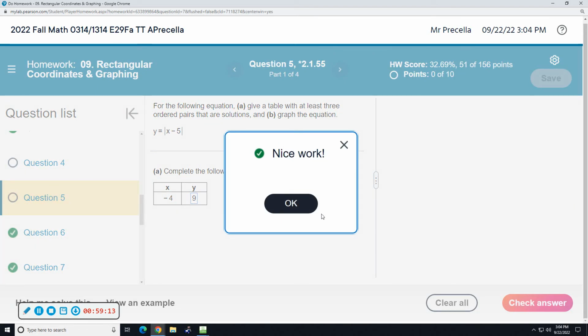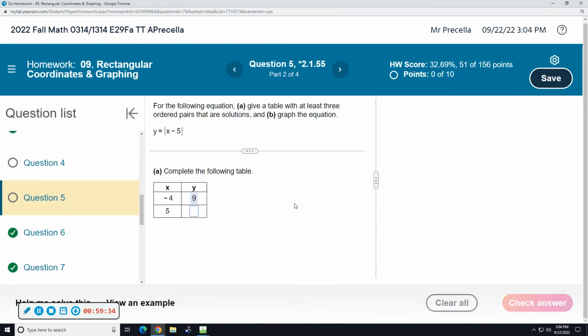Now, where's the sharp point going to occur? The graph is going to be a V. What would x have to be to make that stuff inside there equal 0? 5? They're going to have to give us a 5. So let's see, maybe 5 will be the next number. It sure is. There it is. They want us to plug in a 5 for x.